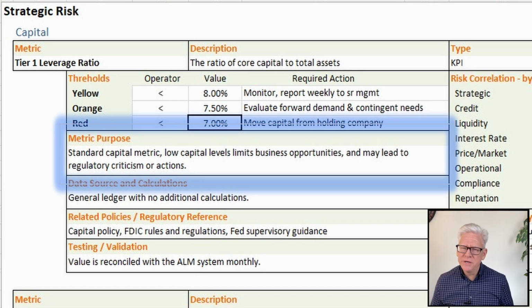Now, for some metrics, this will be ridiculously obvious. If I'm measuring cash position, I don't need somebody to explain to me why that matters. But not all metrics are as obvious. If I'm measuring, say, surplus ratio or deposit beta or certain quality metrics, I can't automatically assume that everyone understands why that data point matters.